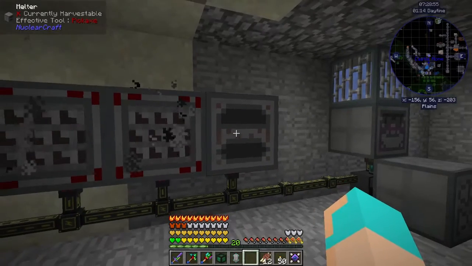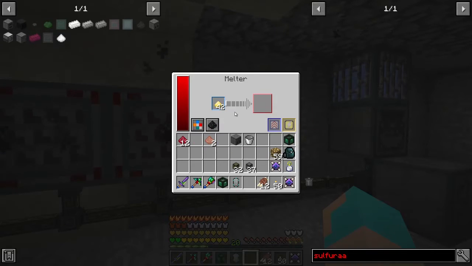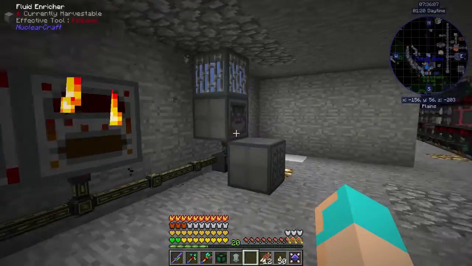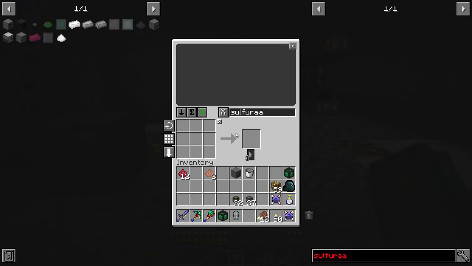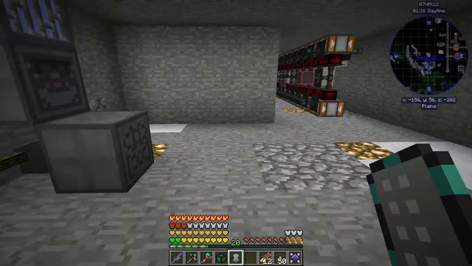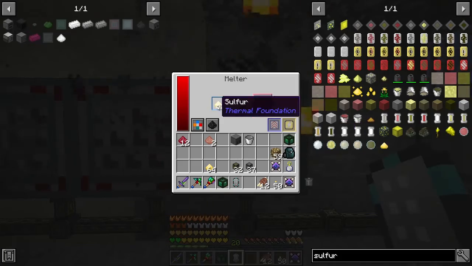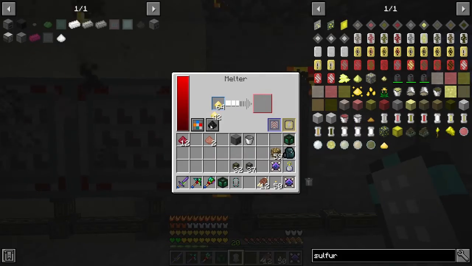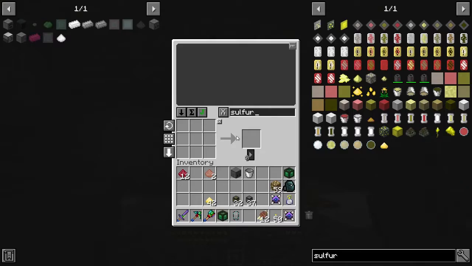So let's work that. Sulfur in here, and it'll go through and do its thing. And we have sulfur. Wonder if it can take any sulfur. It should be able to, right? Yeah. We have sulfur. Alright.